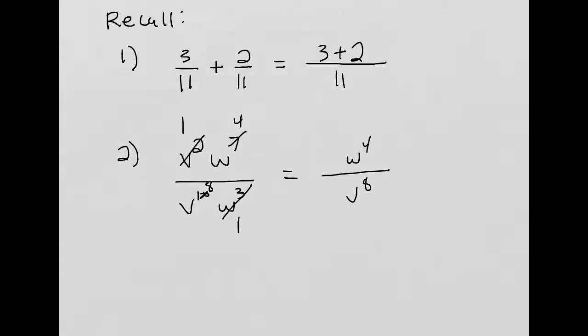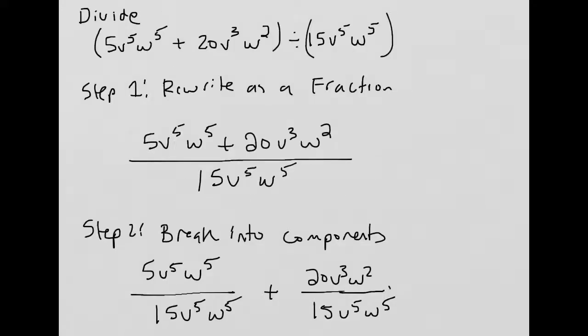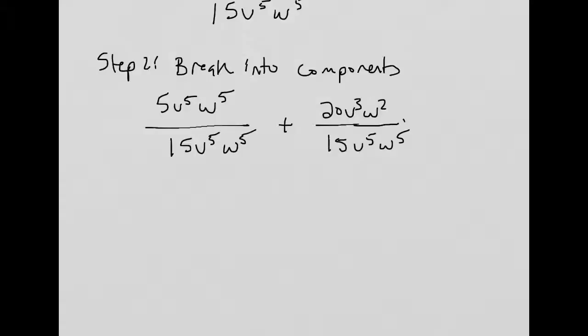When I'm dividing like bases by other like bases, I'm going to subtract the exponents, from wherever I had more factors of that particular base.